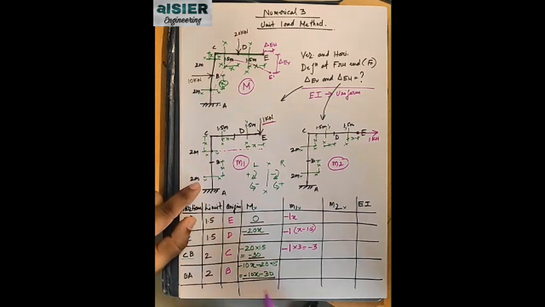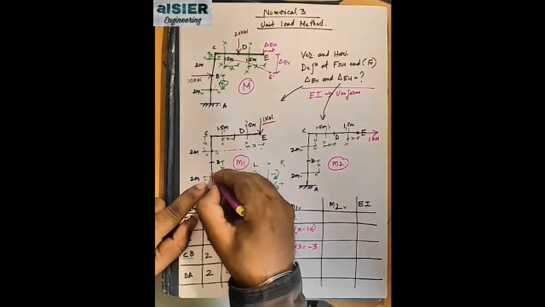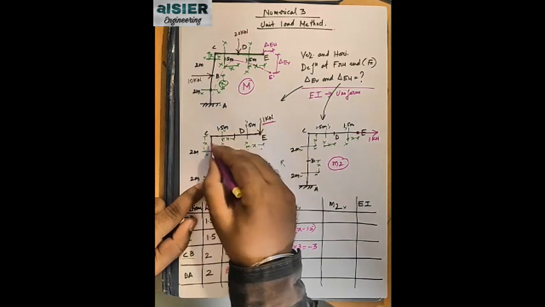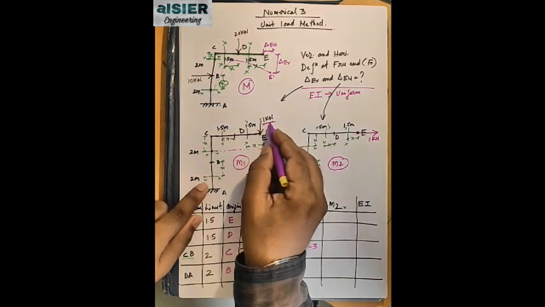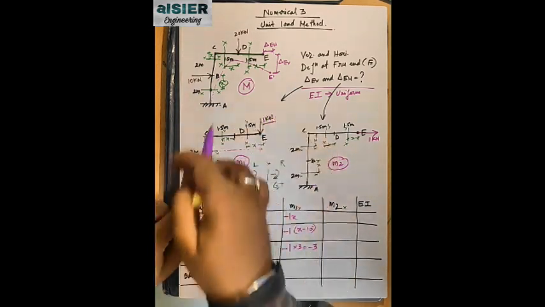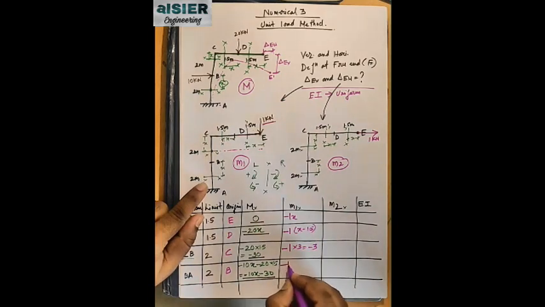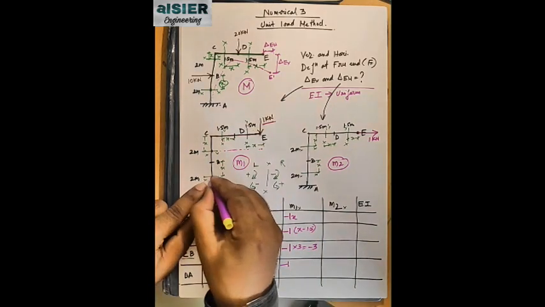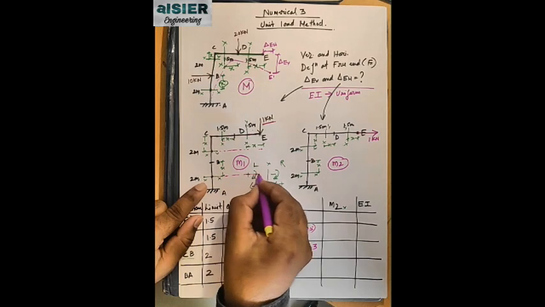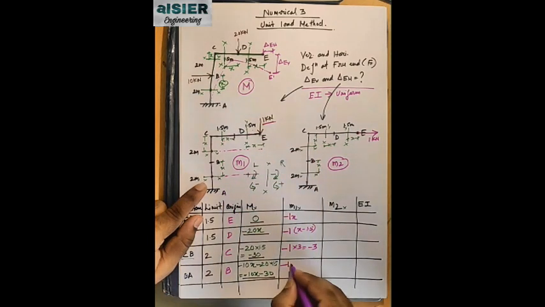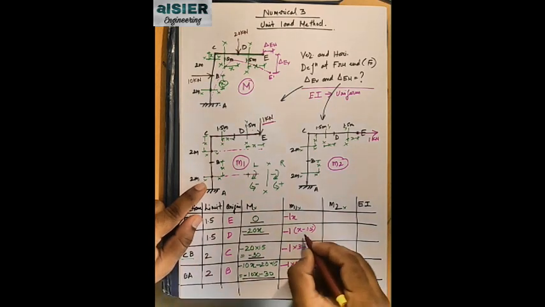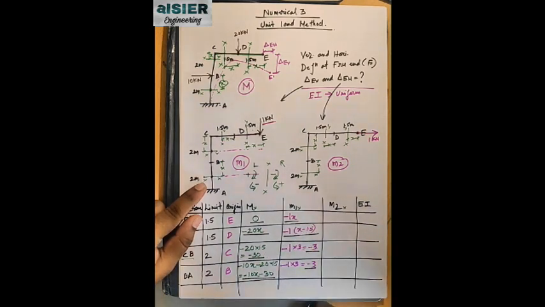Similarly, for BA region, we will consider this whole length. Right side of the section, how many loads are there? There is only one load which is rotating clockwise, so minus 1. And what is the distance from this point? From this point, the distance is 3 meter. So multiplied by 3 is equal to minus 3. Okay, so now we have this minus 3, this equation and this equation.